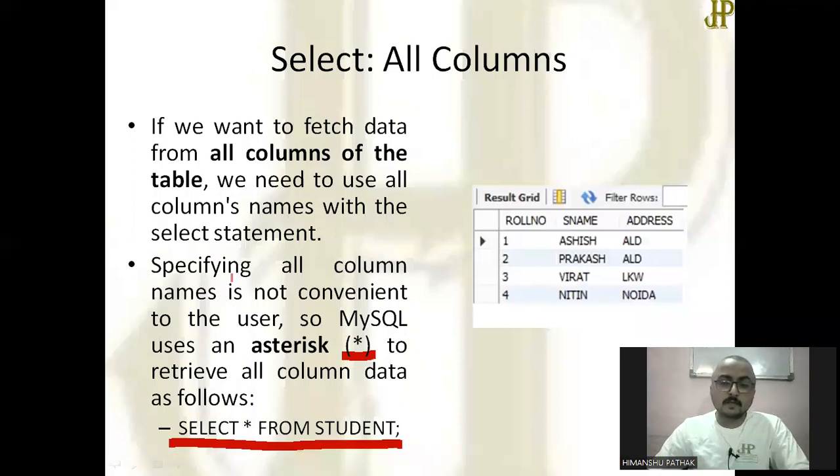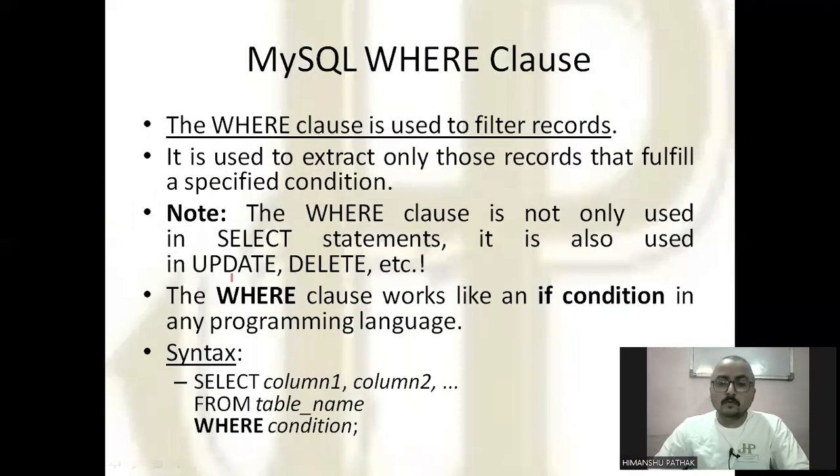Now moving further. Now I want to filter out some data based on my situation. So we have to apply a condition. So the where clause is to be used and the condition is to be put after that. Okay.